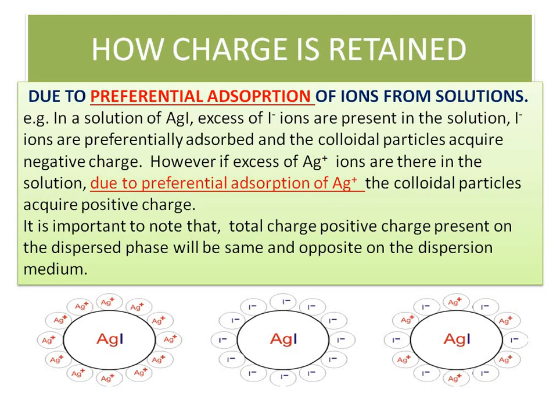However, if an excess of Ag+ ions is there, then due to preferential adsorption of Ag+, the colloidal particle acquires positive charge. So it is important to note that the total positive charge present on the dispersed phase will be equal and opposite to that of the dispersion medium.